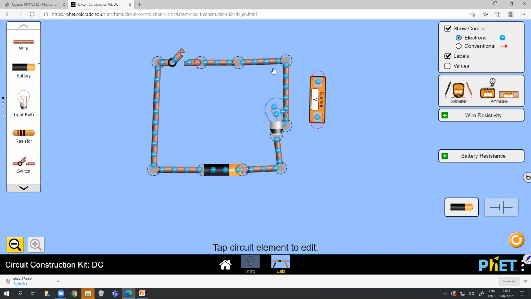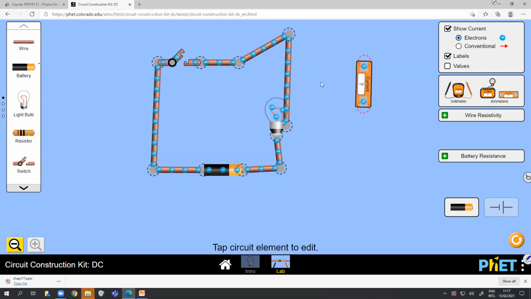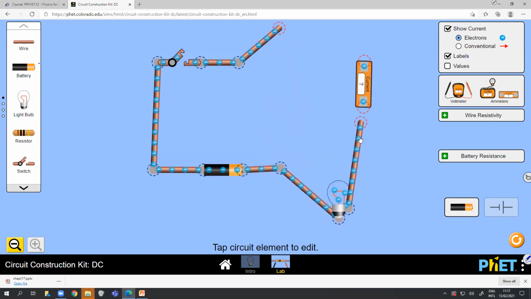In other words, I should connect it, let me stretch it a little bit. I should connect it here. So whatever the current that flows through the bulb should flow through the ammeter as well. So let me cut this connection, so it is free.